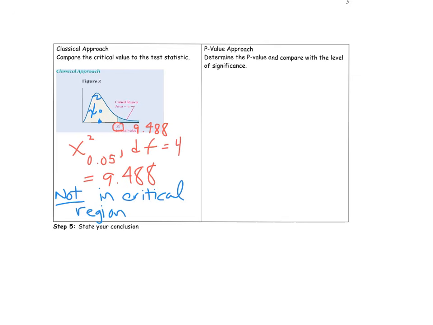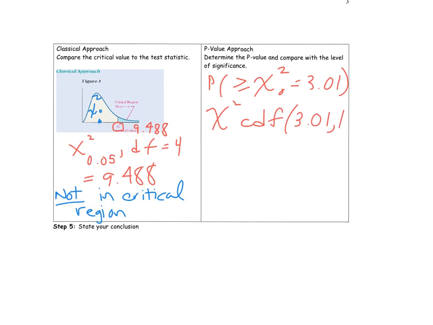Let's look at the p-value approach. So in the p-value approach, we're going to the right of our test statistic, which is 3.01. So go to 2nd VARS, the distribution menu, and get your chi-squared CDF. Lower bound, upper bound, degrees of freedom.